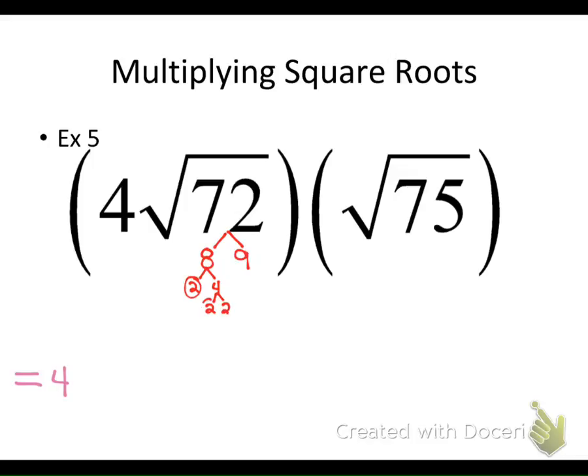And then for 9. Now what do I do? Well, I can't quite do that yet. What do I have to do yet? Yeah. So what are my factors of 75? Okay. And for 15?